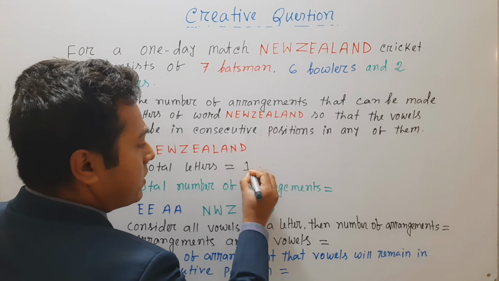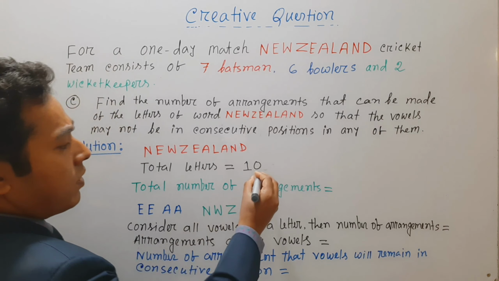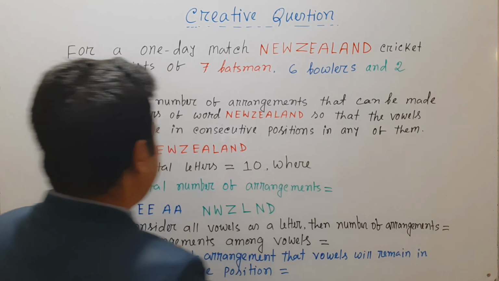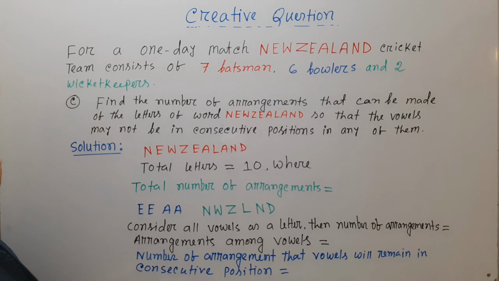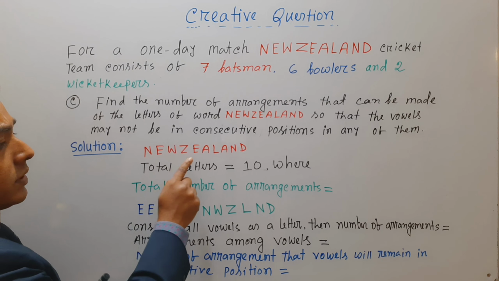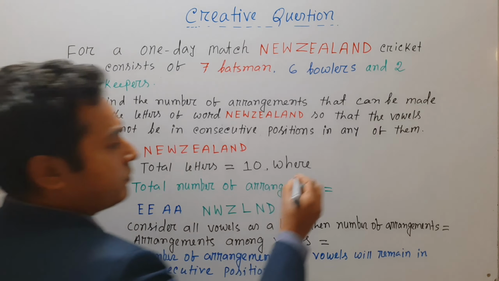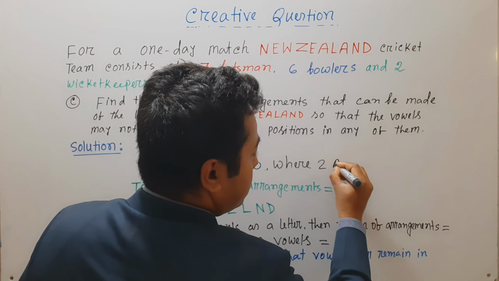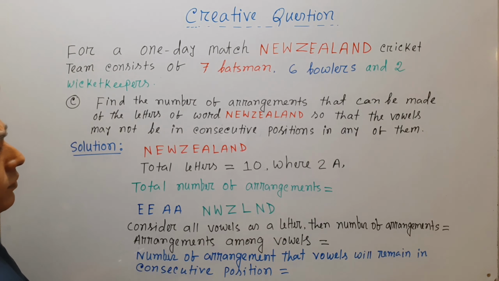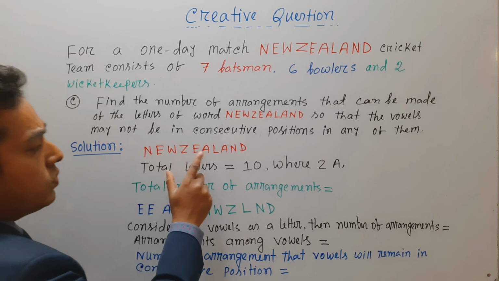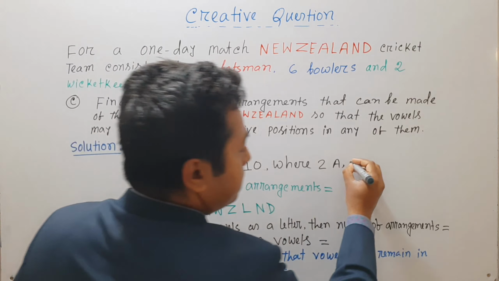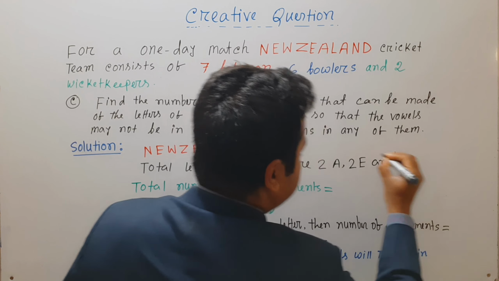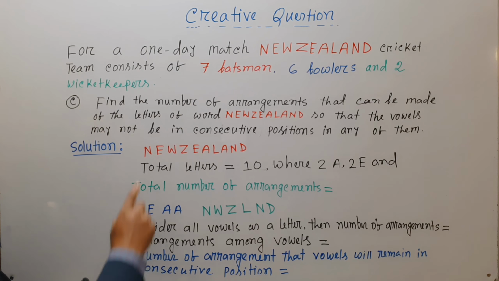Total letters is 10, where the same kind of letters are 2A, 2E and 2N.